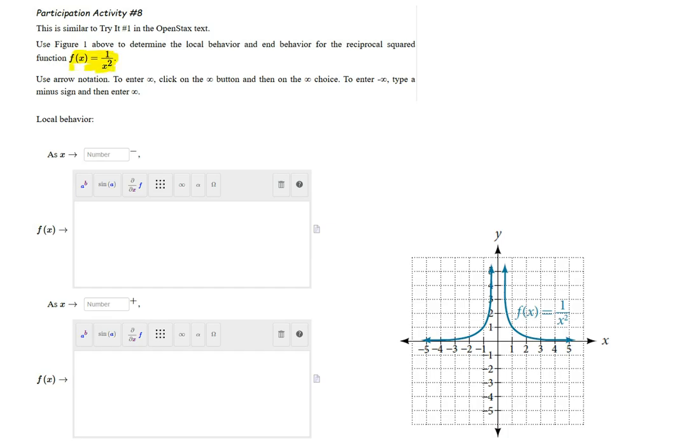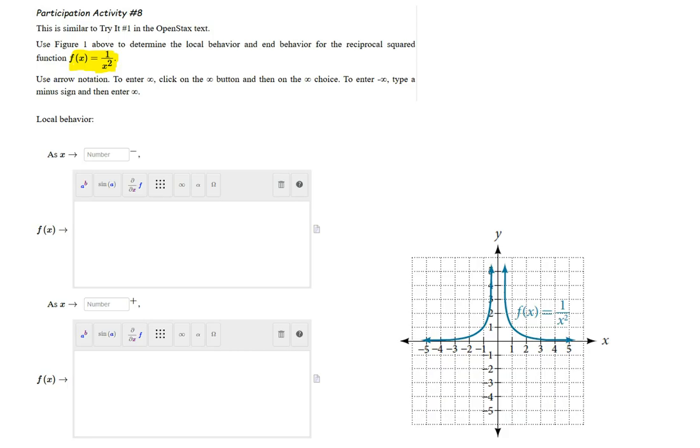1 over x squared. And there was actually a picture of it, right here. That was in Mobius in the reading and participation activity, so I just took a screenshot of it and put it right there.